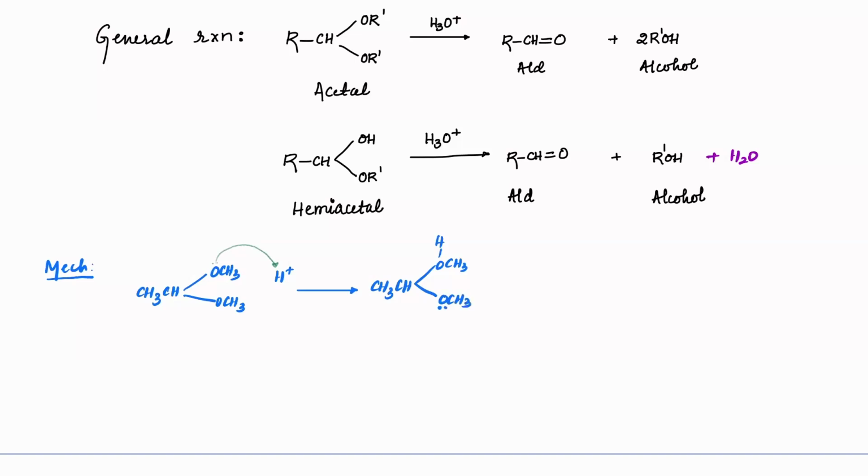The lone pair present on this oxygen will push here, and that will break the bond on this side. So in such case, we will get CH3, CH2, CH with double bond OCH3 plus CH3OH. This is what you will get.